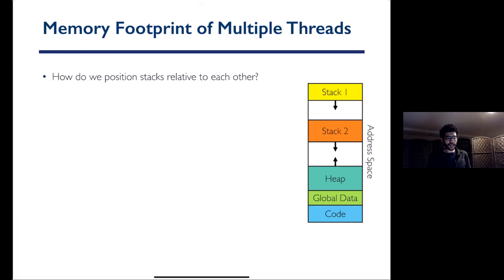Now, a question that arises is, how much space should we put between the stacks? In a 64-bit system, you have a lot of memory. I don't remember exactly, but I think in one of the Piazza posts I mentioned it's 2 to the 60-something bytes.